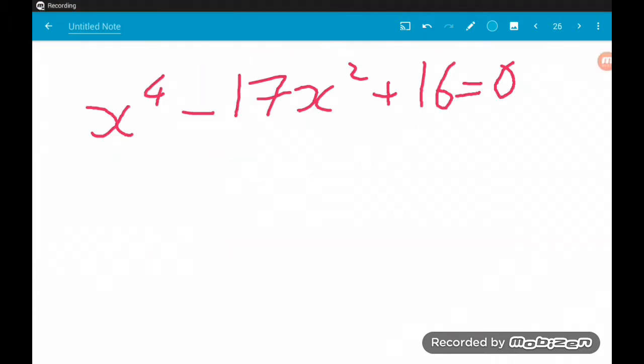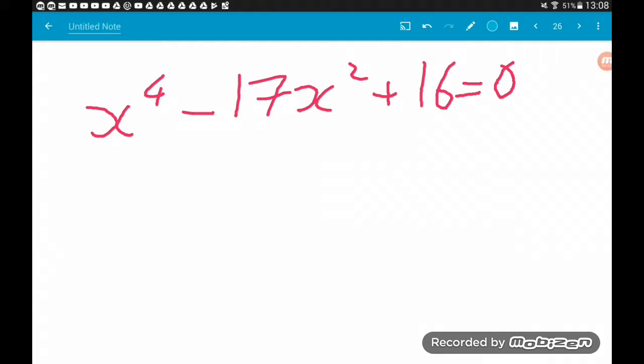Okay, for example 2, you can call these quadratics when you have a power of 4. So we've got x to the power of 4 minus 17x squared plus 16 equals 0. How can we turn this into a much more simple quadratic?